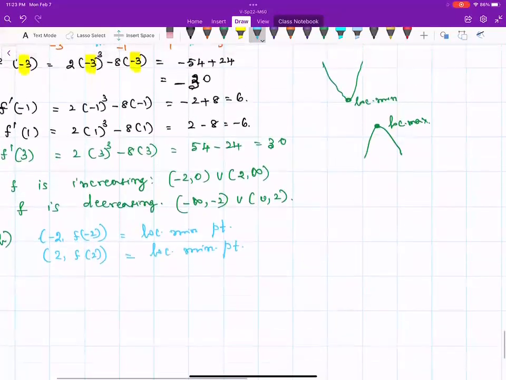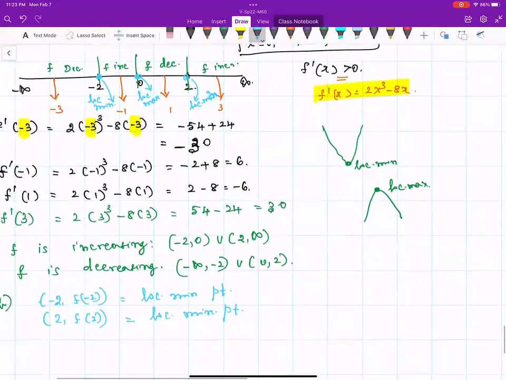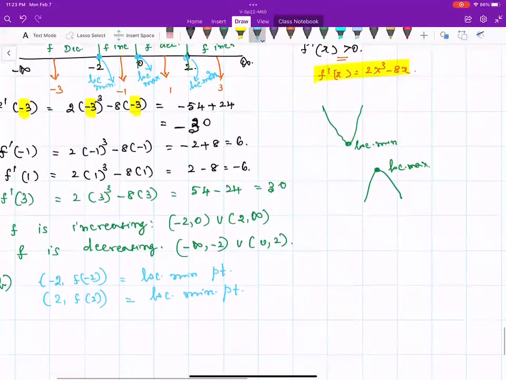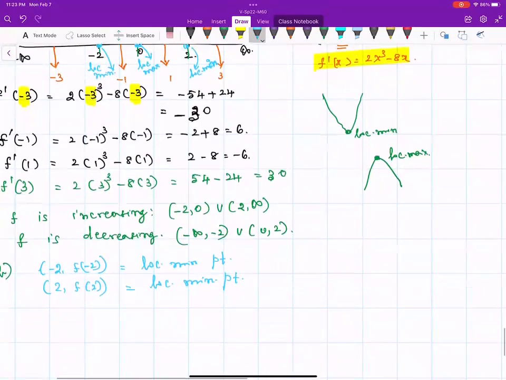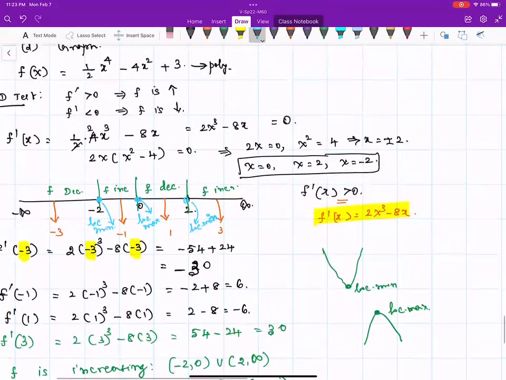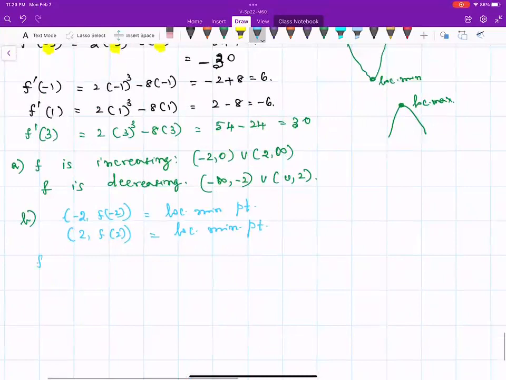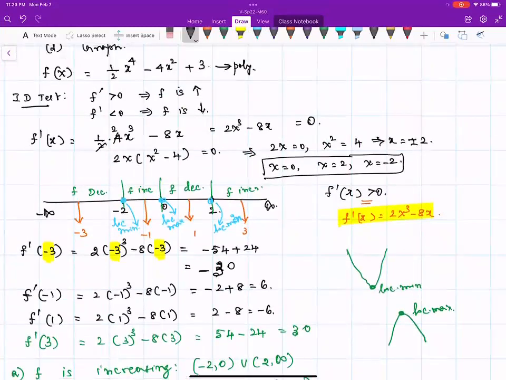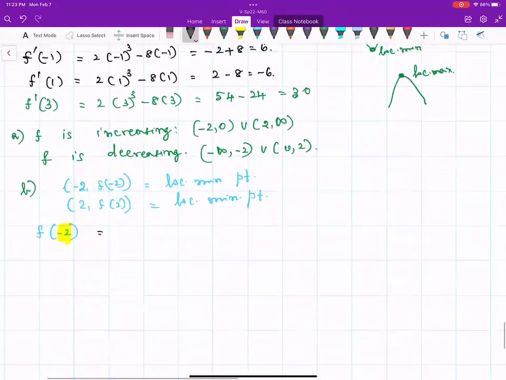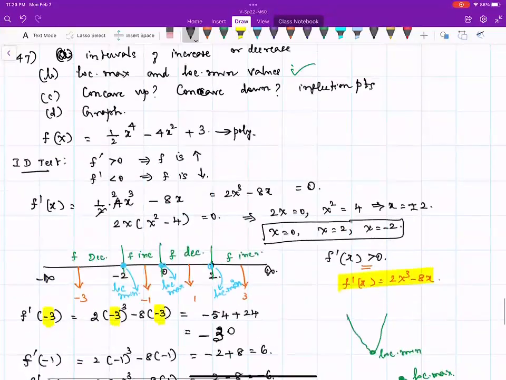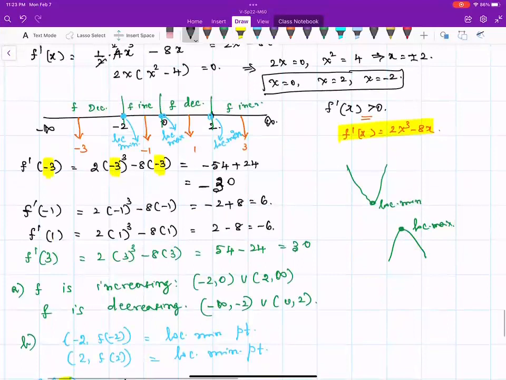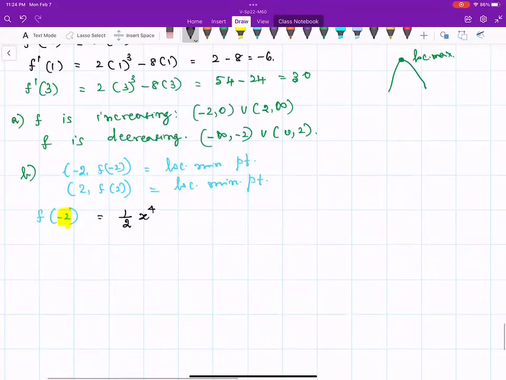So we have to find f of -2 and f of +2. We plug -2 and 2 into the original equation. So f of -2: you take the original function, which is 1/2 of x to the power 4 minus 4x squared plus 3.